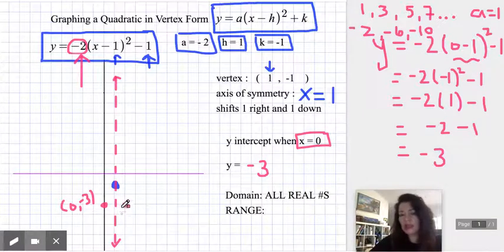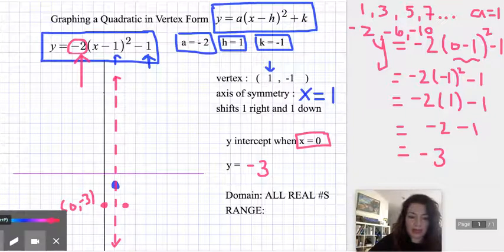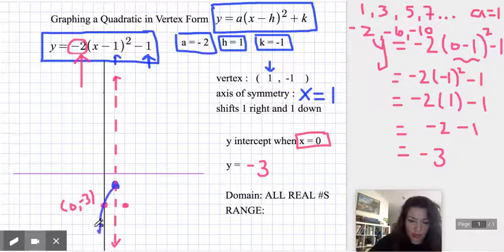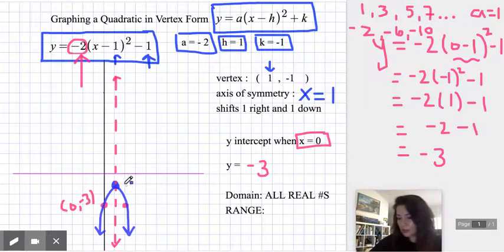But you could see that the next point would be down 6, right 1. All right, making a sketch of this graph, I will go ahead and just connect the points and draw a U-shaped graph. In this graph, we happen to have no x-intercepts. You can see that the graph does not touch the x-axis, so there are no x-intercepts.